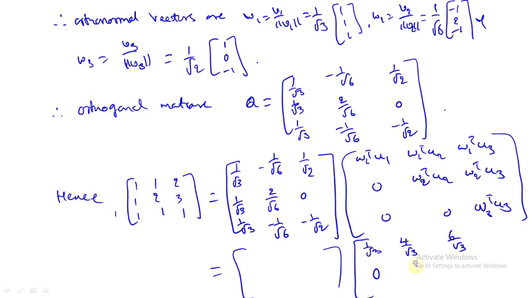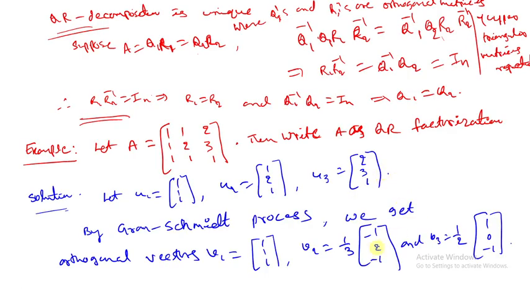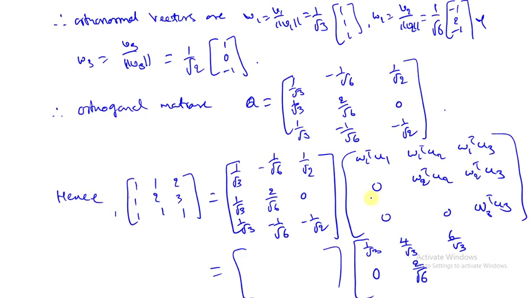Then 2 by root 6. Next multiply this one, W2 and U3. 4 minus 2, 6 minus 1, minus 3 plus 3, 3 by root 6.